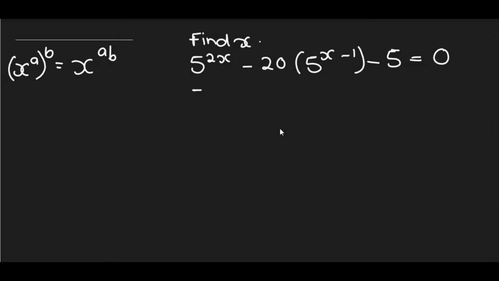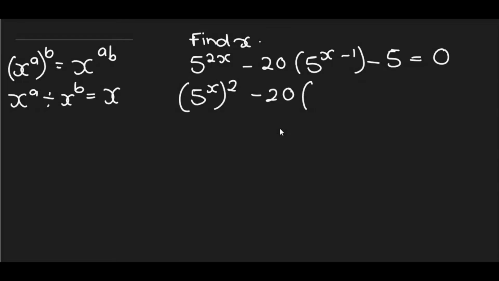So here we'll have 5 to the power of x, bracket 2 outside. The other one that will help us simplify 5 to the x minus 1 says x to the power of a divided by x to the power of b is equal to x to the power of a minus b.